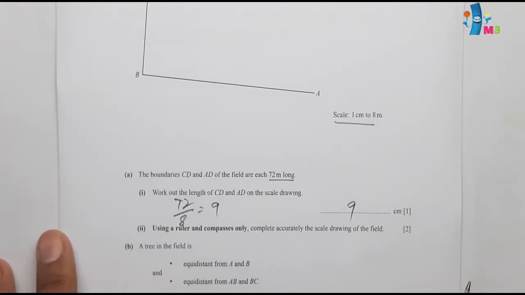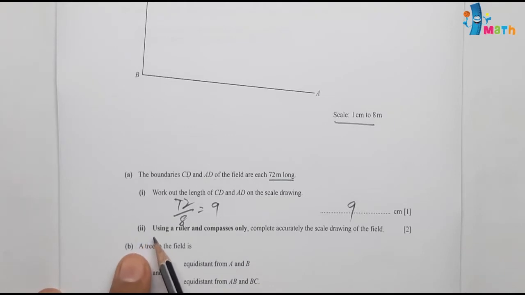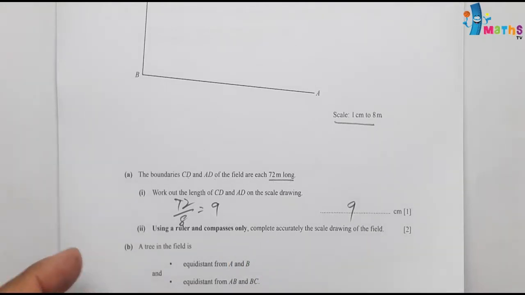B part, using a ruler and compasses only, complete accurately the scale drawing of the field. So we have to complete the drawing.